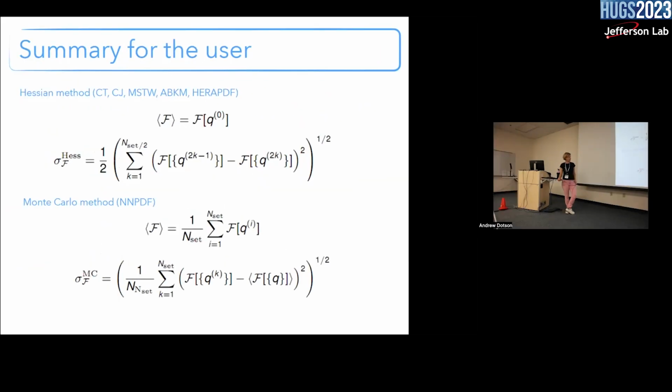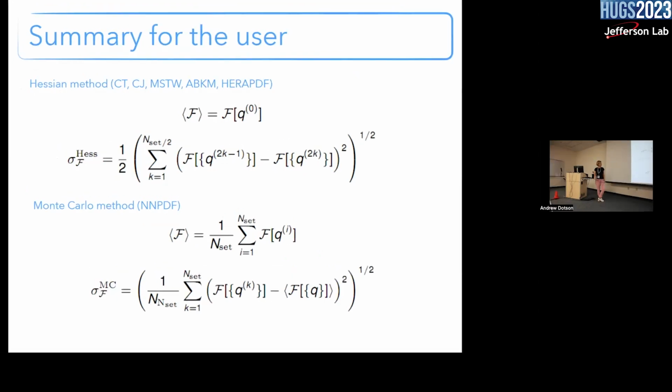One thing that is very important for the users is that whenever you are given a PDF from the LHAPDF, you have to know whether this was determined as a Hessian set or as a Monte Carlo set, because then you need to use different formulae. For example, if you want to calculate the PDF uncertainty associated to a given set, you have to ask yourself, is that Hessian or is that Monte Carlo?